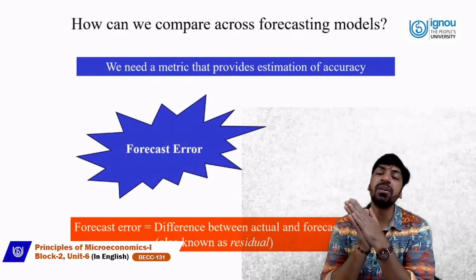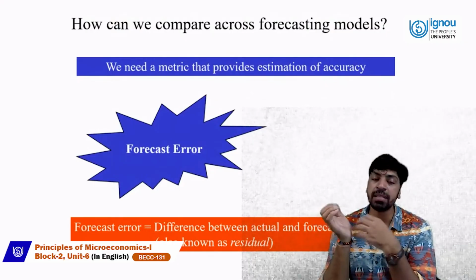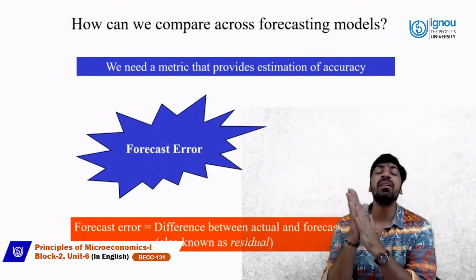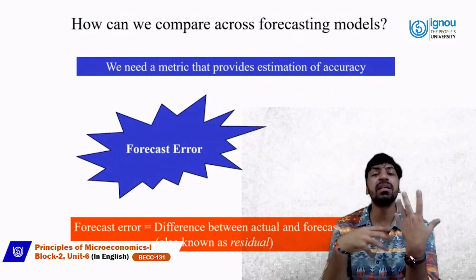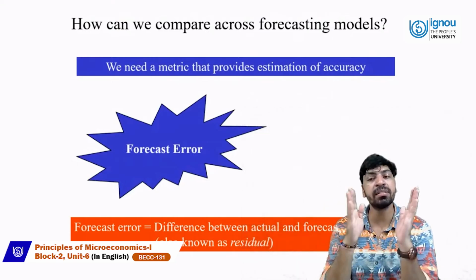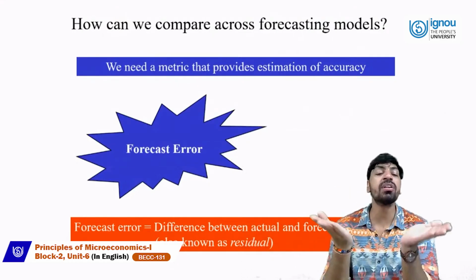When you get the difference between the actual and forecasted values, you get the forecast error. And the need for comparison between the forecast models is that the forecast error provides the estimation of accuracy.